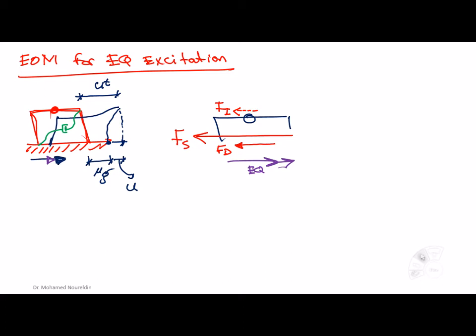So in this case, we have three different forces that need to be in equilibrium.